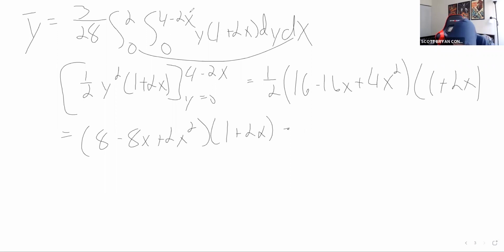And so we get 8 minus 8x plus 16, so plus 8x, minus 16x squared plus 2x squared, so minus 14x squared, and then plus 4x cubed. And integrate that from 0 to 2.